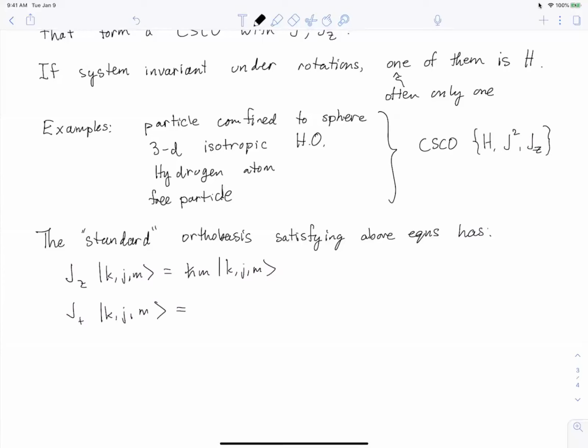And this is equal to ħ times the square root of j(j+1) minus m(m+1), and it gives you back the state |k, j, m+1⟩. So what I want to emphasize here is that when we write this down, we're actually making a choice of phase.